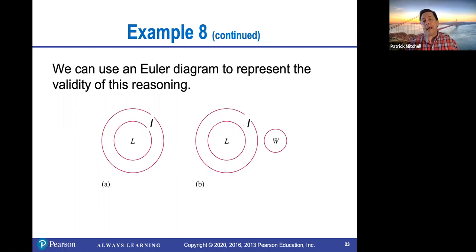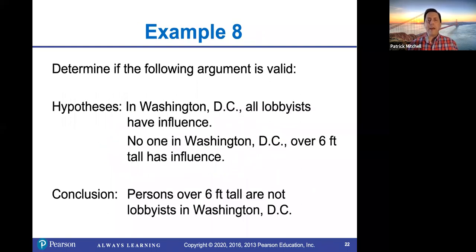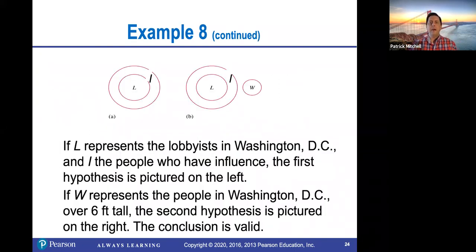And by doing that, unavoidably, the people over 6 feet tall circle is completely separate from the lobbyist circle. So that means that nobody over 6 feet tall is a lobbyist, and that's the conclusion that they wanted me to decide if it's valid. All right, so again, L represents lobbyists, I represents people who have influence, and W represents people over 6 feet tall, the second hypothesis is pictured over here, and the conclusion is valid.